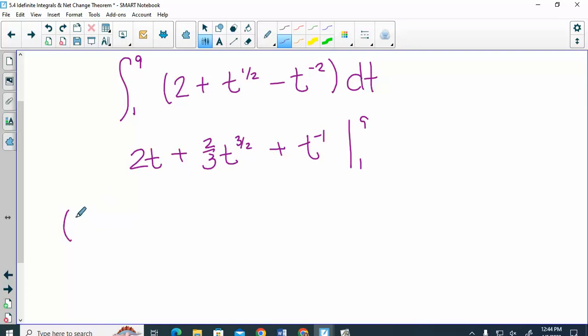We put in 9, we get 18. The square root of 9, so 3 cubed is 27 times 2/3. 18.